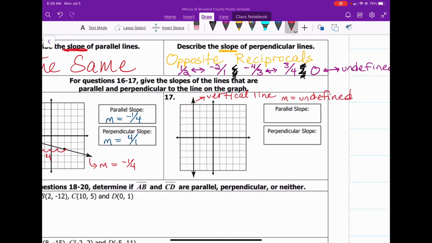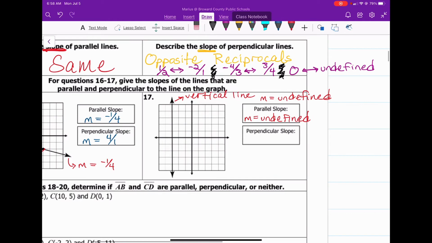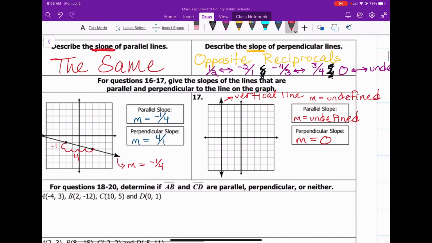So a parallel slope would have to be undefined, because parallel lines have the same slope. Now, what's perpendicular to undefined? A 0 slope. So for a perpendicular slope, m would have to be equal to 0. All right, let's keep moving.